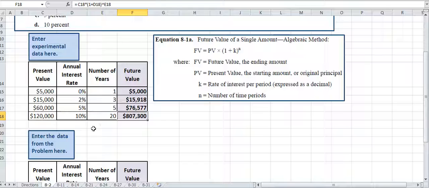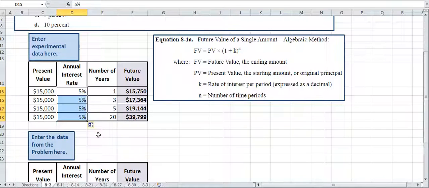But if we standardized it and just put in 15,000 here all the way through, and then say that we're going to have a 5% rate all the way through, then you can see that the number of years, of course, makes a huge difference. The longer you let this money sit somewhere and earn 5% interest, the more it's going to grow.